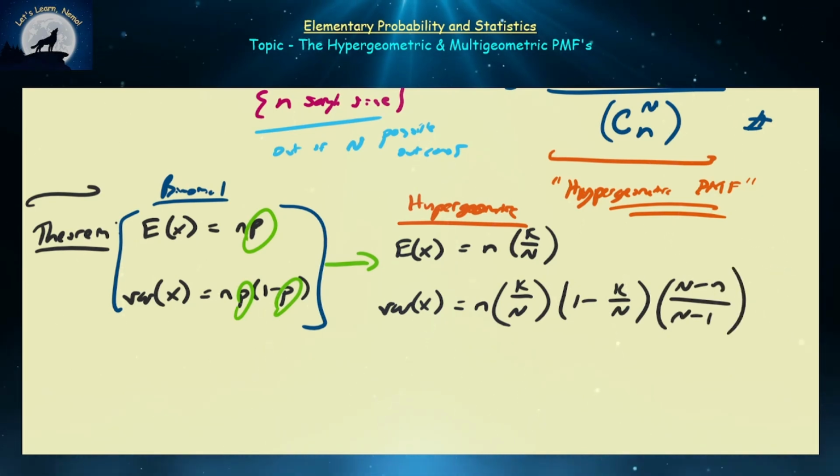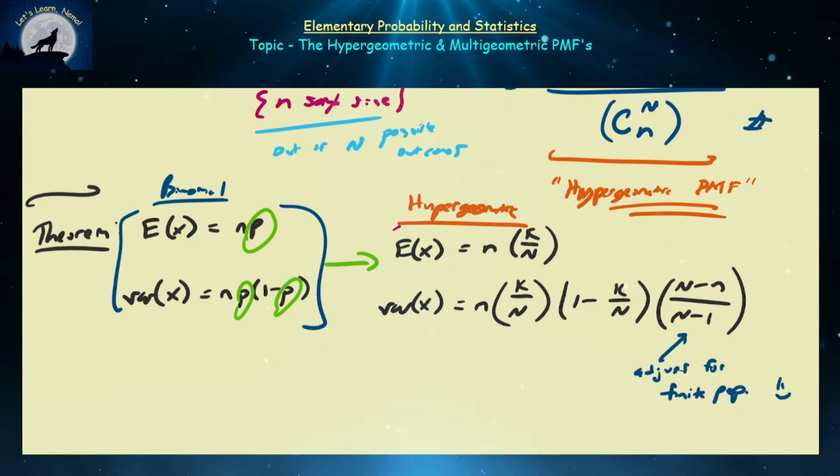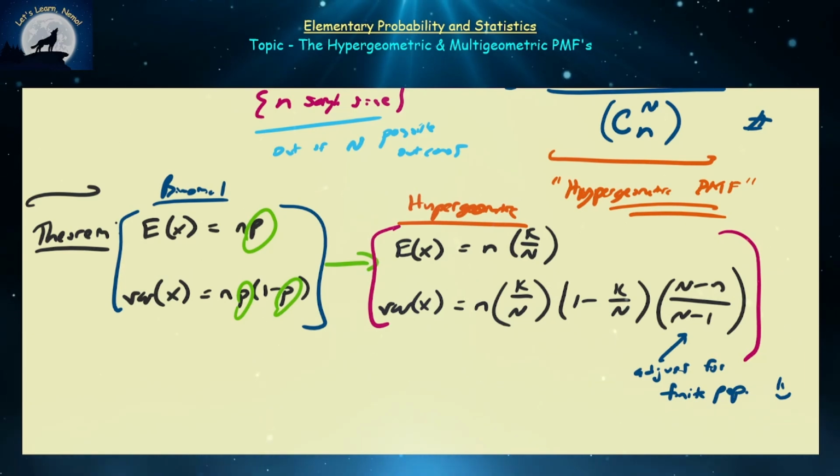What this does is adjust for our finite population. This number, capital M minus little n over capital M minus 1, will come back a little later once we start talking about hypothesis testing. So these are the formulas for the expected value and the variance of a hypergeometric random variable.